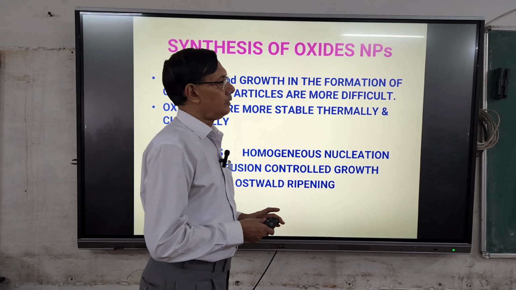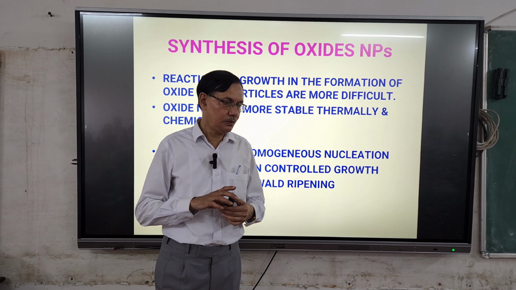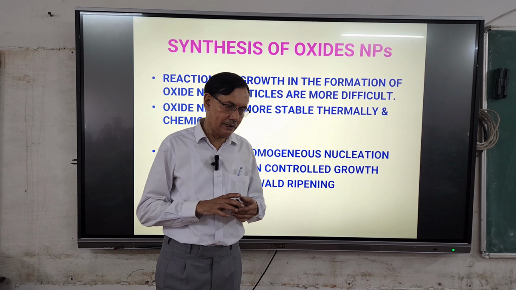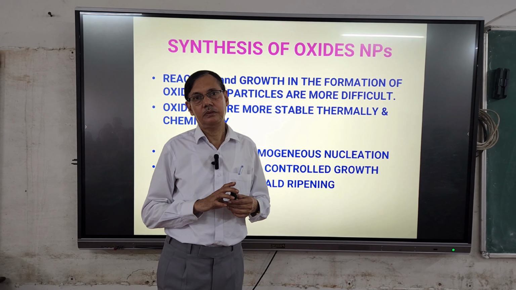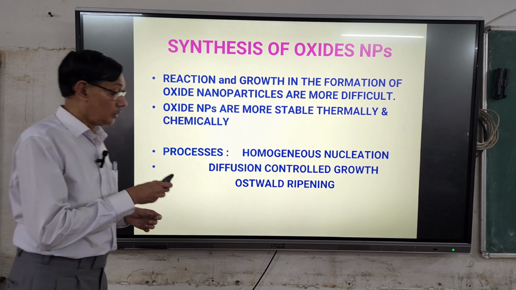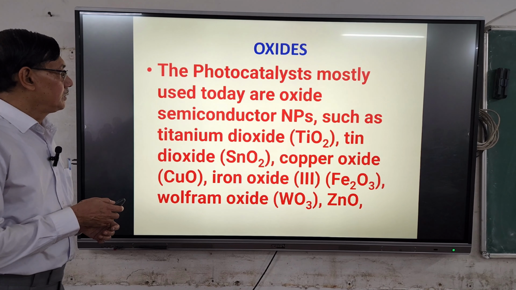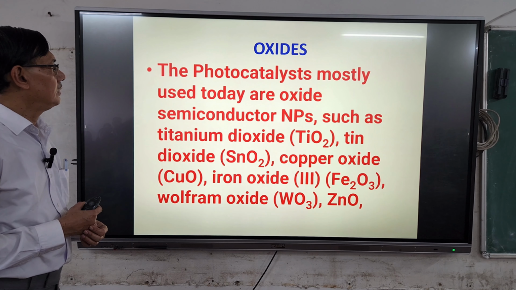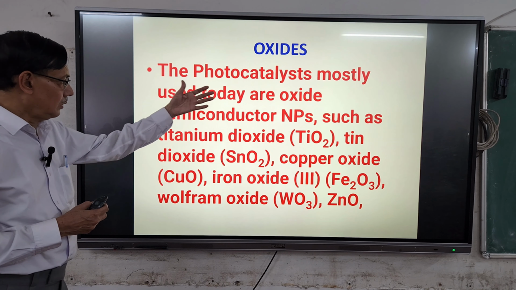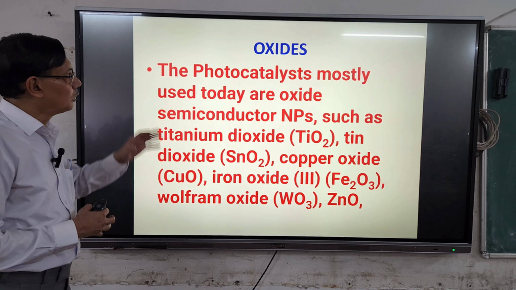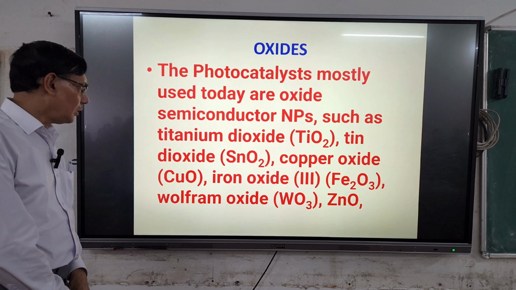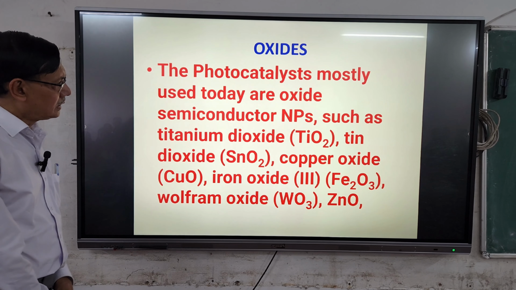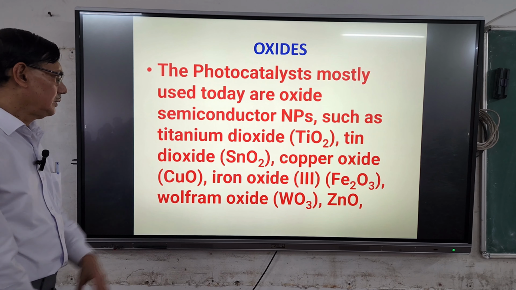And you have to study not only zinc oxide but titanium oxide also, and silicon oxide. So most of this oxide type of semiconductor nanoparticles have been used as a photocatalyst. Most of them, like zinc oxide, titanium dioxide, tin oxide, copper oxide, iron oxide.